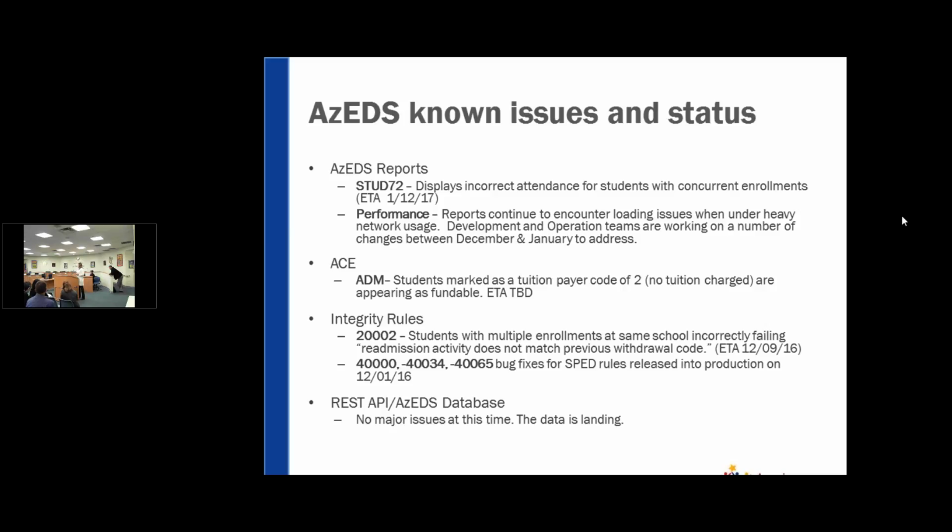We have moved to daily integrity and our ACE being able to calculate ADM on a daily basis. That keeps the development team on our toes, because there's a lot that has to go into making that happen on a daily basis.